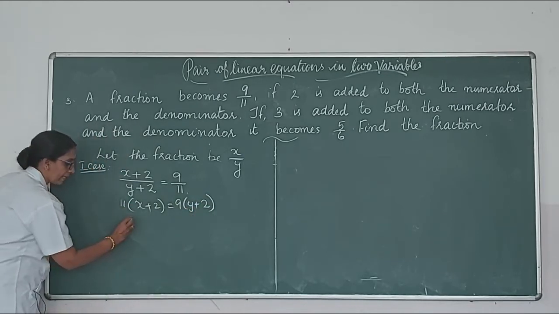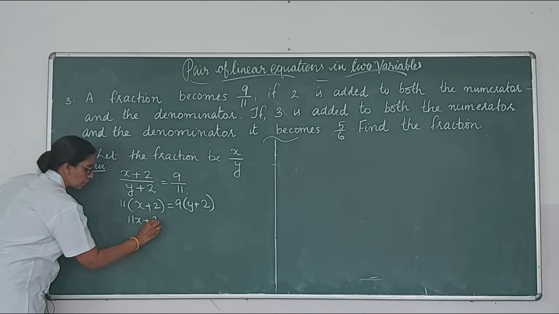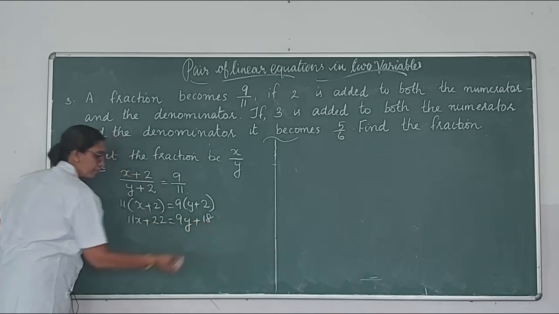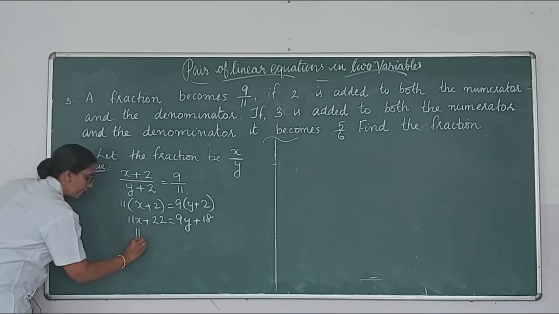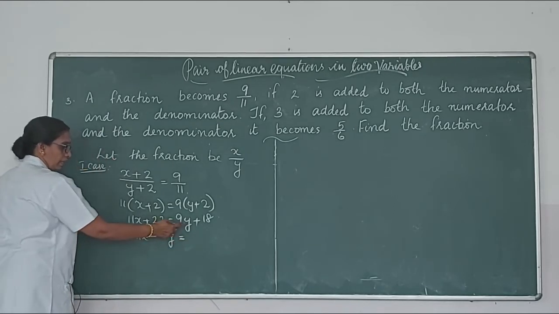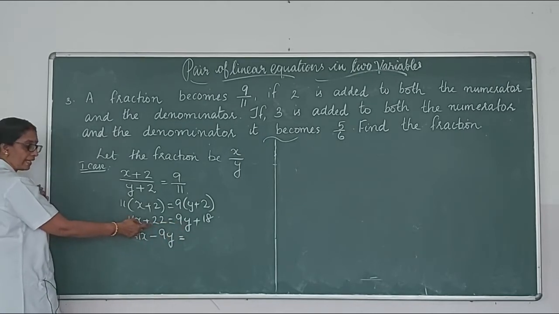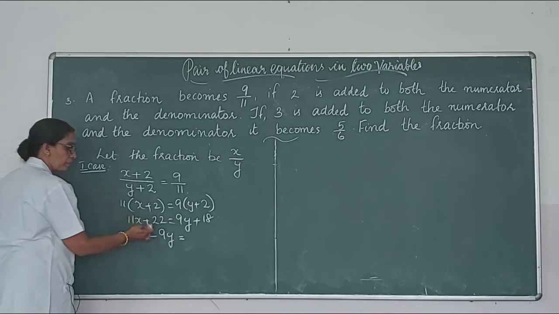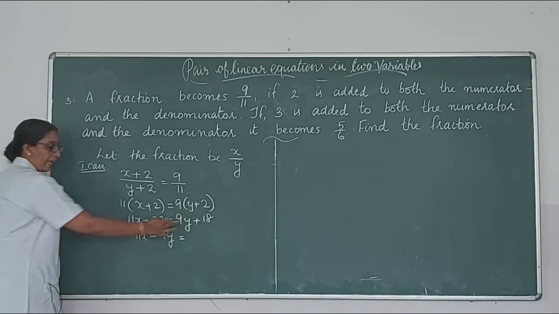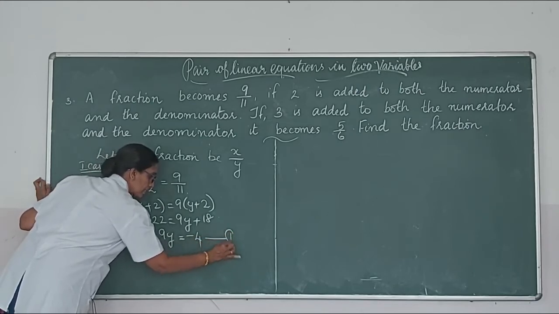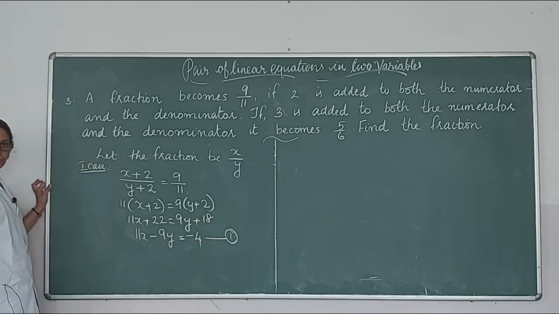Open the bracket, 11x plus 22 equal to 9y plus 18. So, 11x minus 9y equal to, I took this 9y to this side and 22 can be taken to the RHS, so it will become minus 22, 18 minus 22, it is minus 4. This is equation 1. Okay.